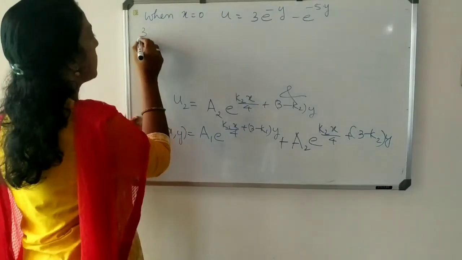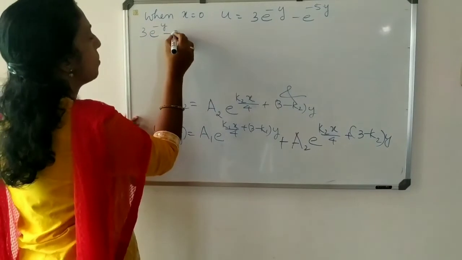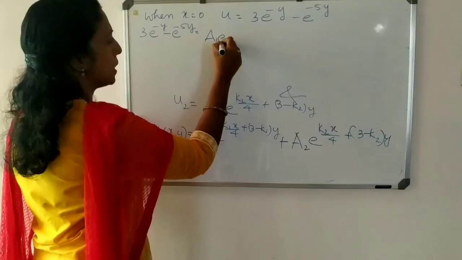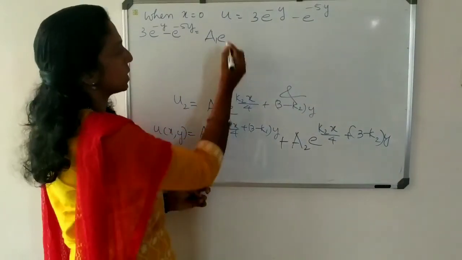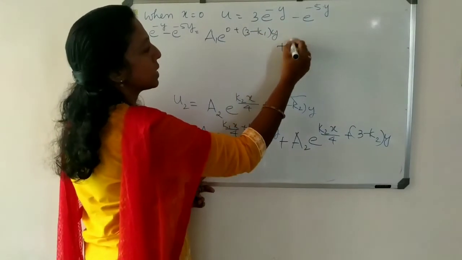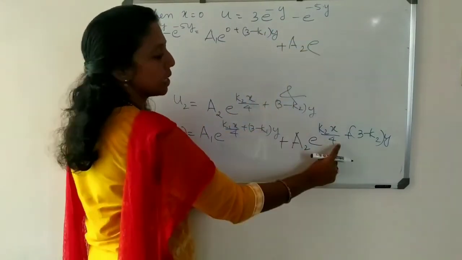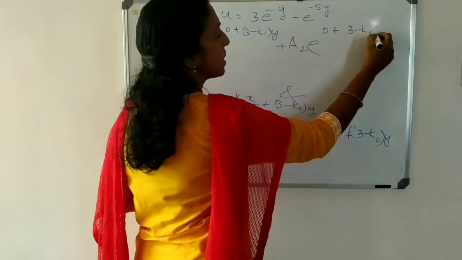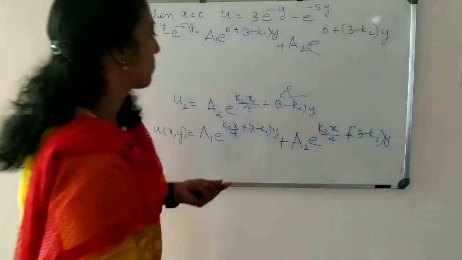That is, 3 e raised to minus y minus e raised to minus 5y equals a1 into e raised to, when x equals 0 this becomes 0, plus 3 minus k1 into y, plus a2 into e raised to, again when x equals 0 this becomes 0, plus 3 minus k2 into y.